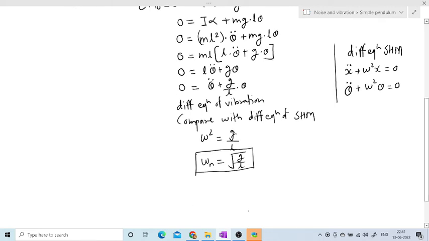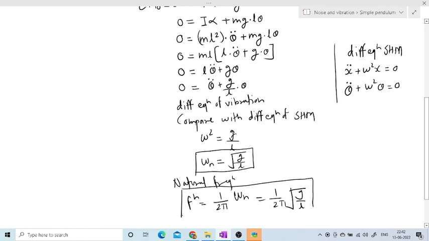Now if you want to convert into natural frequency, then Fn is equal to 1 divided by 2 pi omega n. So it is 1 divided by 2 pi root g divided by L. This is the derivation for the natural frequency of a simple pendulum.